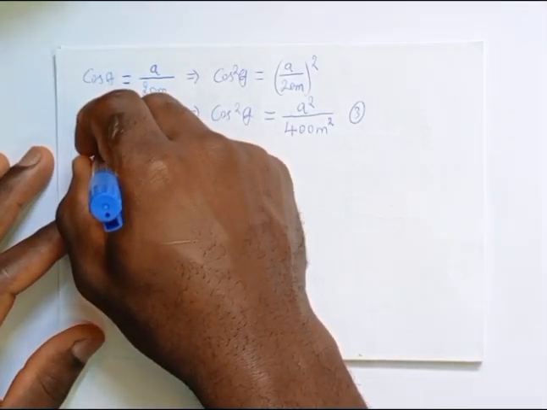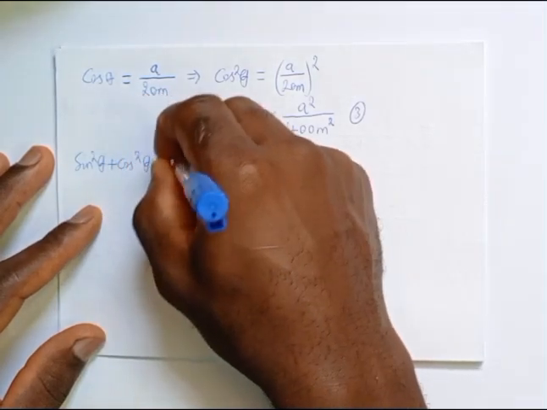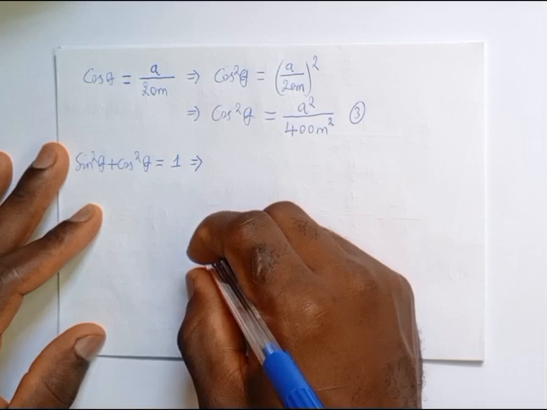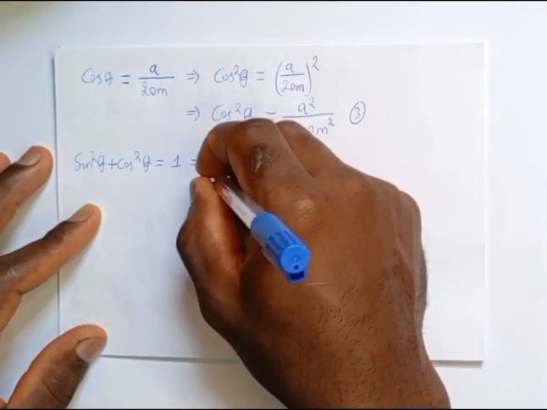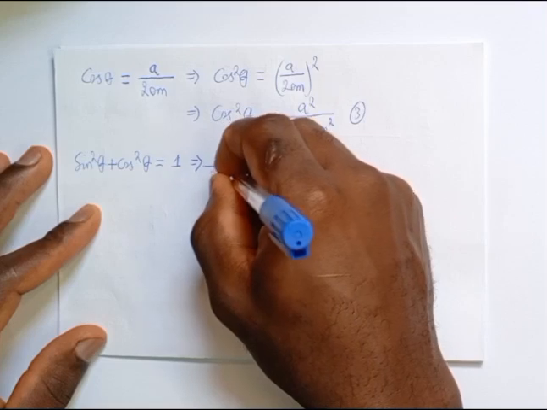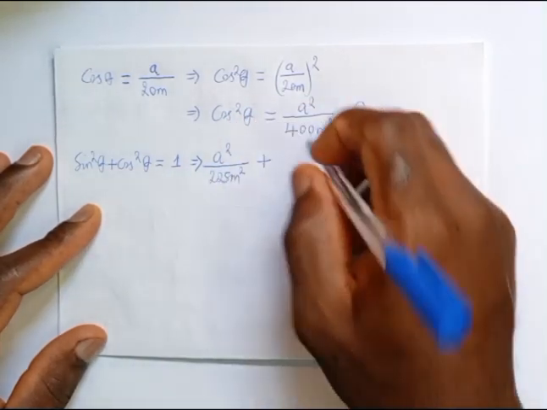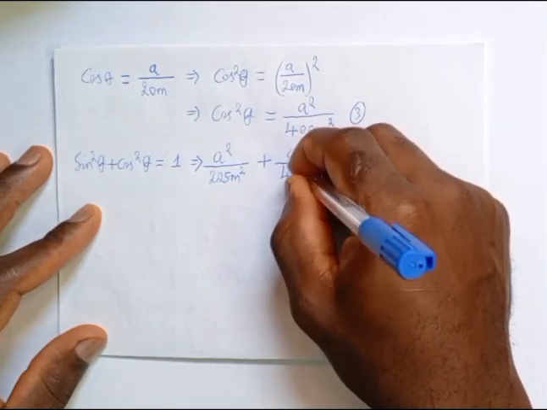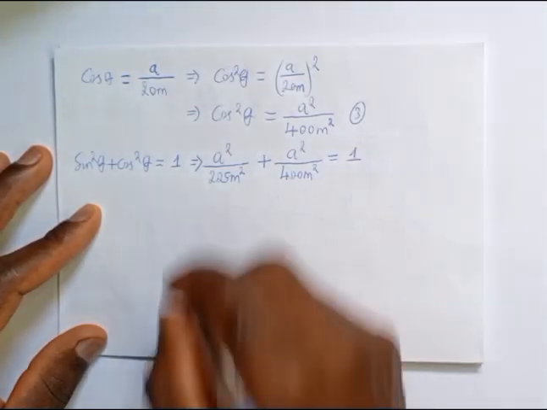Sine squared theta plus cos squared theta is equal to 1. This will imply that sine squared theta, which is A squared all over 225 meters squared, plus cos squared theta, which is A squared all over 400 meters squared, is equal to 1.